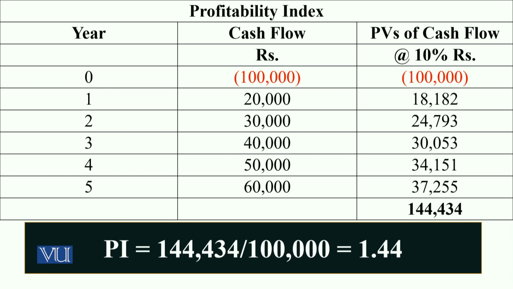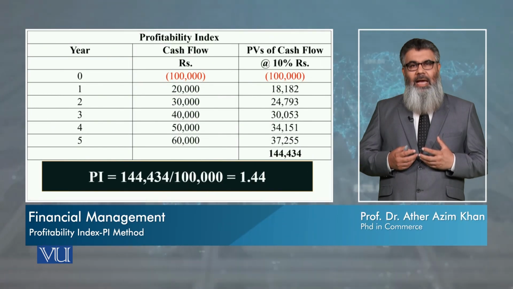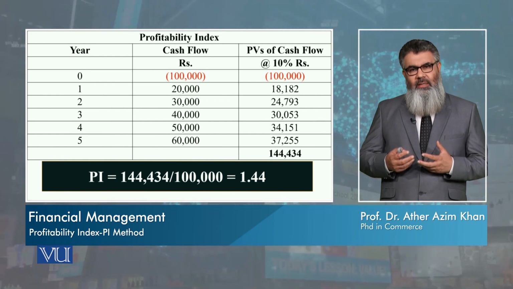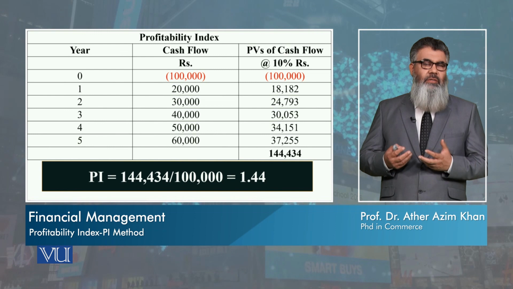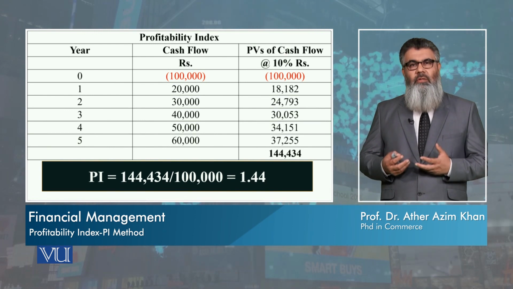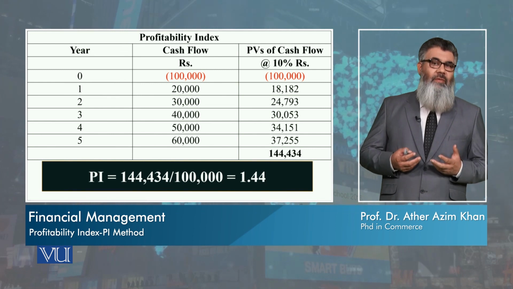Now then we add up all these values and we get a number which is 144,434. Now, when we calculate the net present value, we actually subtract the initial outflow, which in this case is 100,000 out of 144,000 to get the net present value.